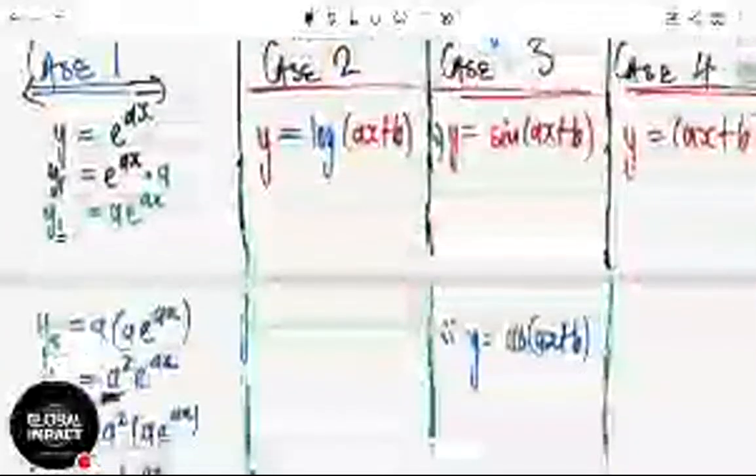So the nth derivative is a to the n, e to the ax. So here we can already see our yn: it'll be a to the n e to the ax. This is how you're going to get your nth derivative if they give you y equal to e to the ax. Let's get the nth derivative for logarithmic, okay?